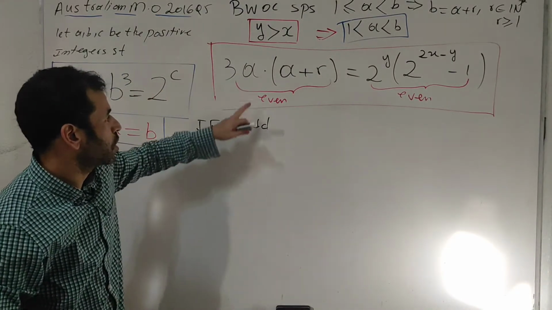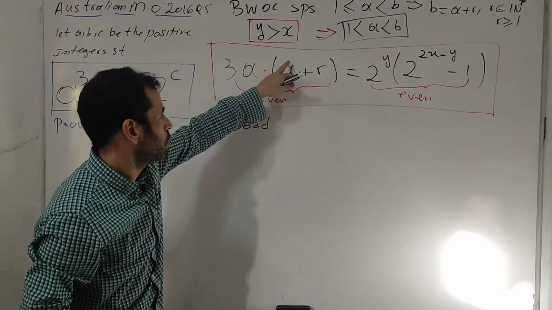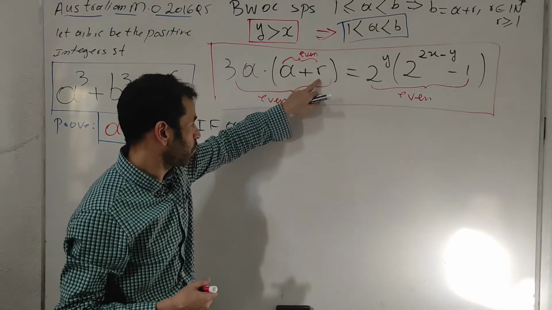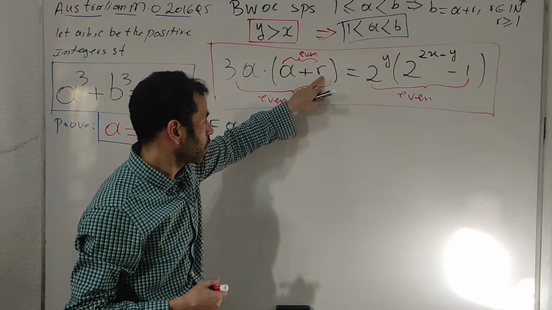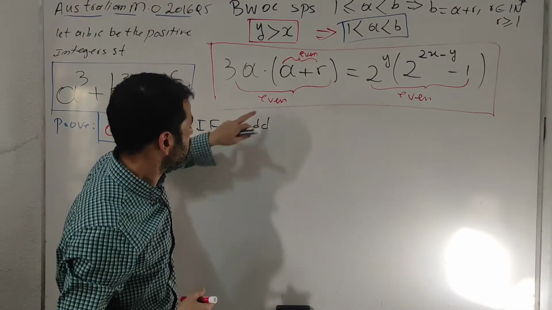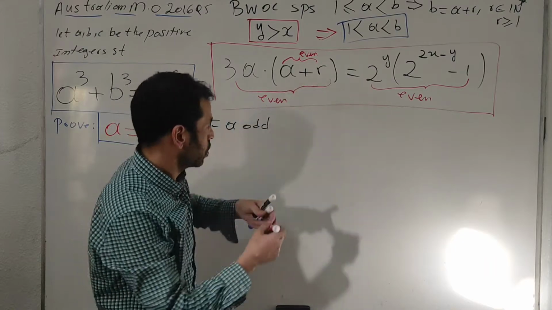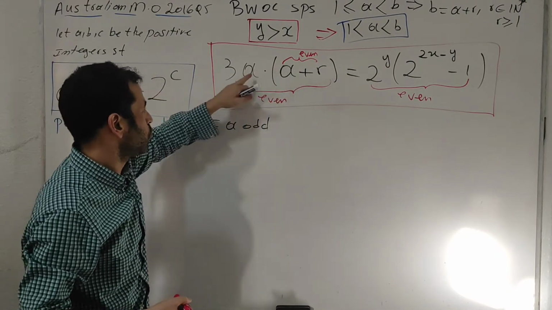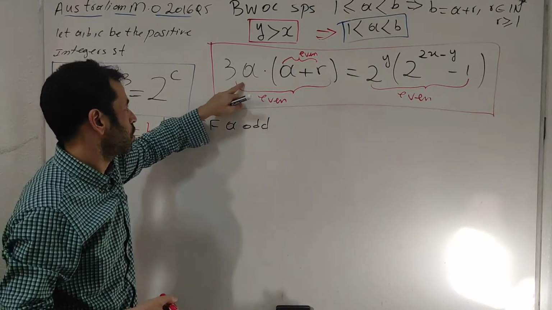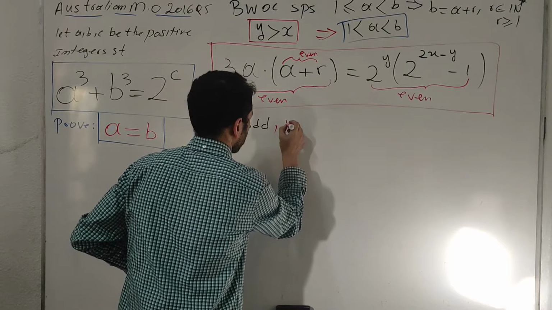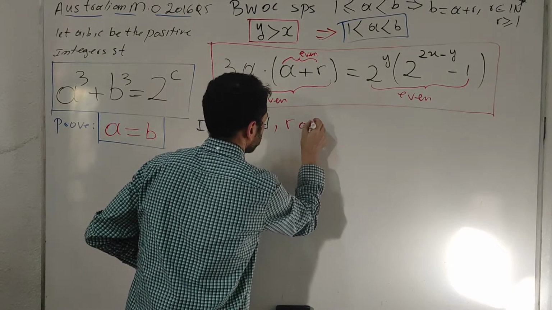So in order to make the left hand side even, A plus R must be even. To have A plus R even, we are going to force R to be odd, because A is already odd. Odd plus odd is giving us even. Okay. And since this one now is even, multiplied by odd is giving us even. A is odd now implies R odd.